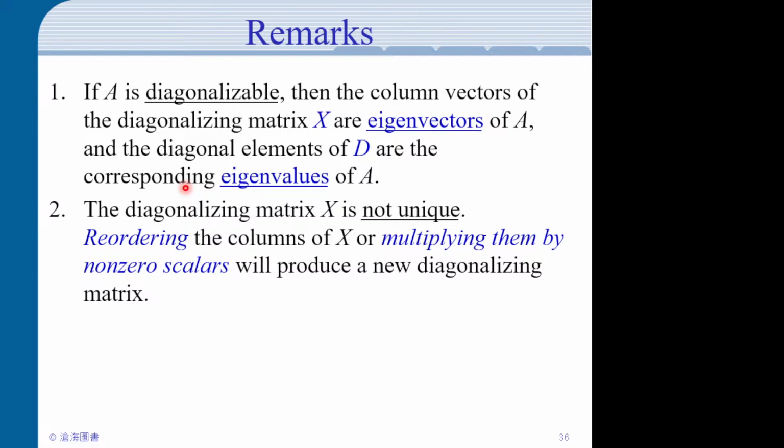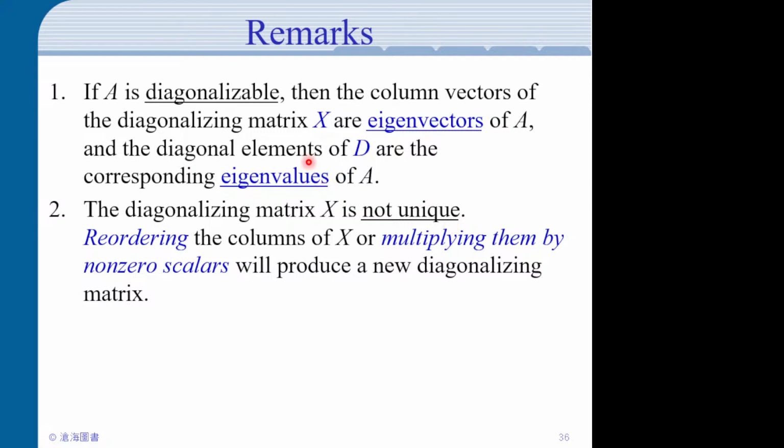As we said, if A is diagonalizable, then this diagonalizing matrix X is actually formed by eigenvectors of A, as we have seen in the proof. So if you just list the eigenvectors into a matrix, then it will be a diagonalizing matrix.